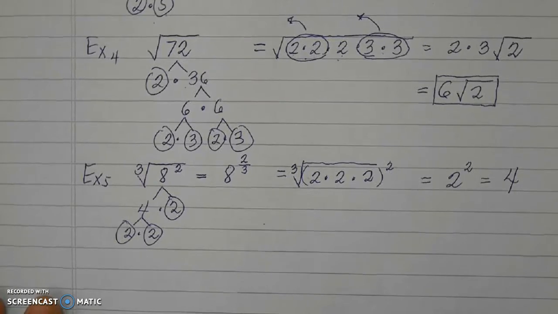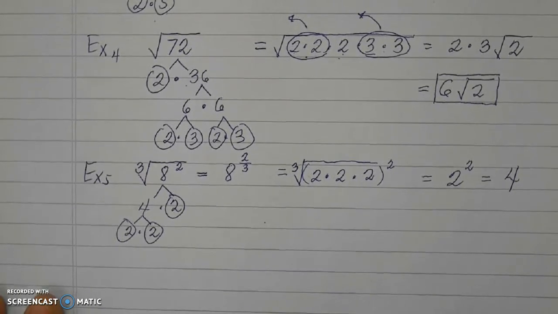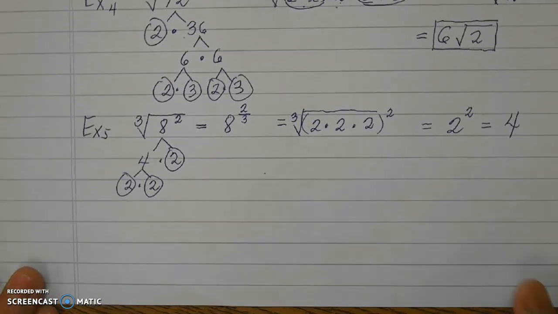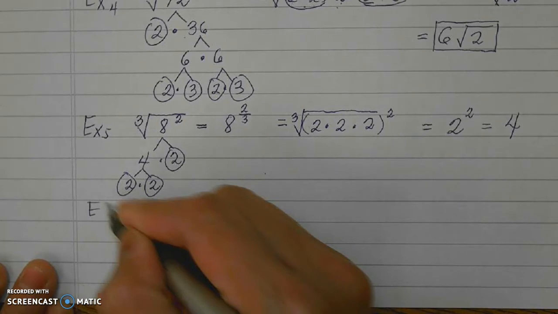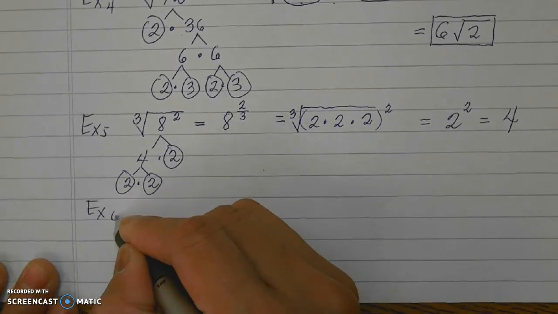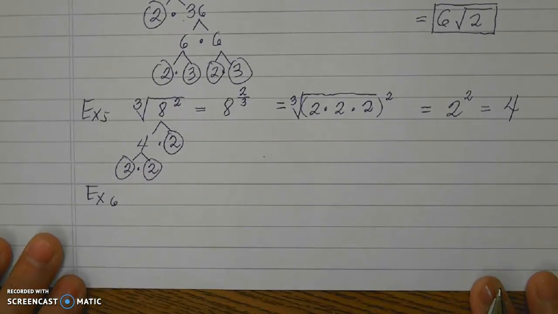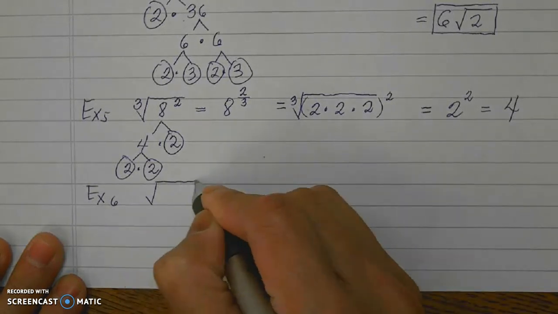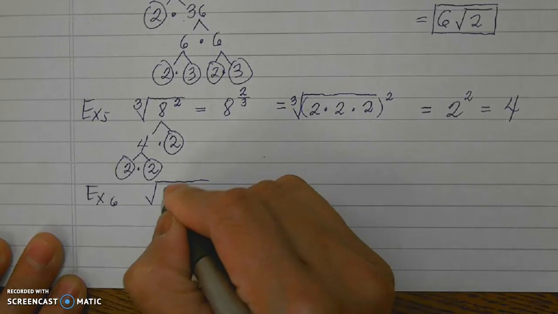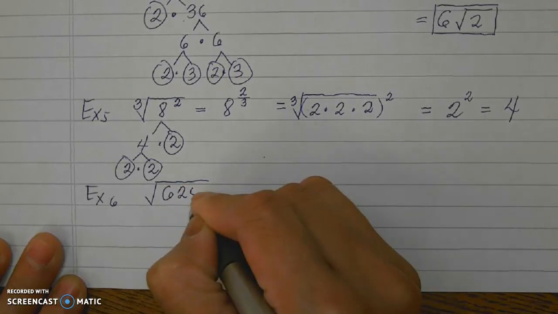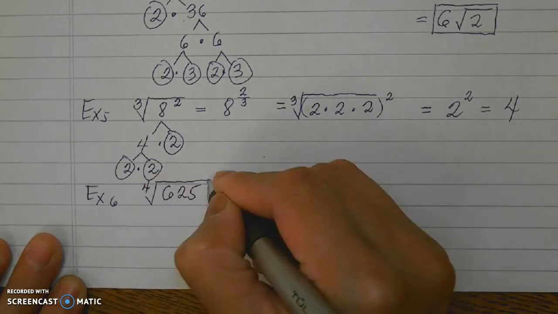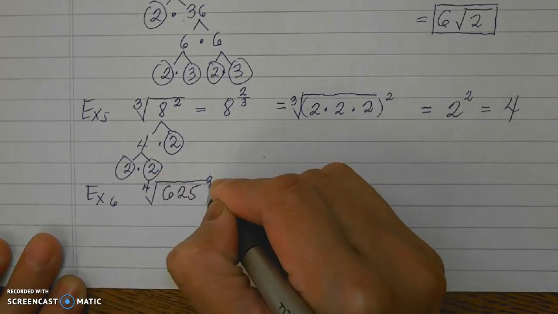Let us have another exercise. Example number 6. What if you have the 4th root of 625? The 4th root. And I want you to raise it to the power of 3.